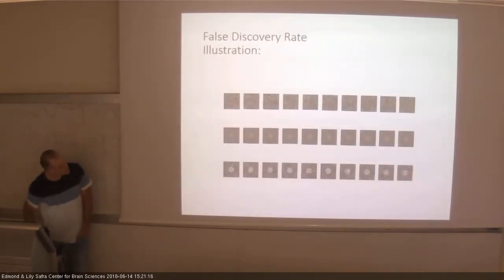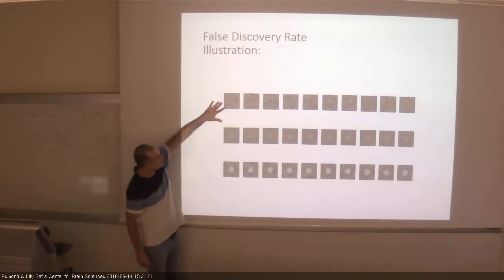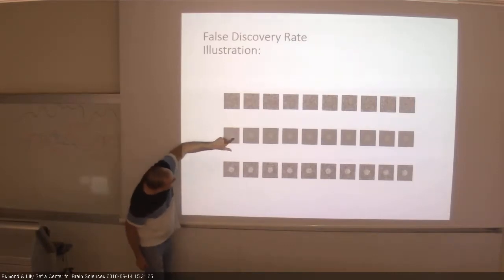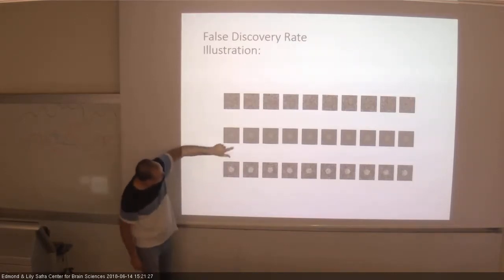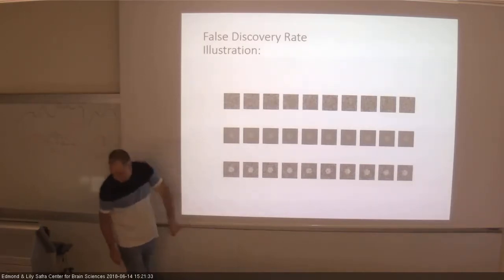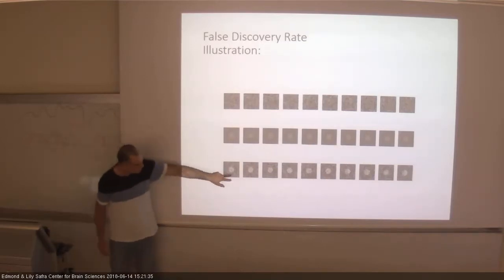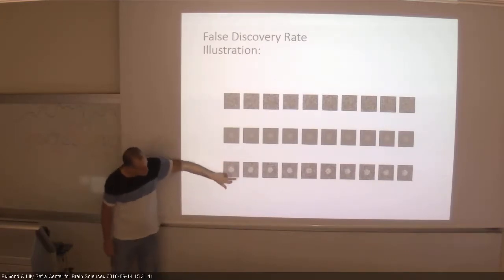Just an illustration. If you have some noise, this is just a model. You have some noise, right? You have some kind of signal here, it's hard to see. Okay, you create some kind of stimulus, let's say, with a signal in the center, and it's not a stimulus, it's just a model. Let's say these are voxels, and these are significant. Okay, this is a real effect, and this is just noise.